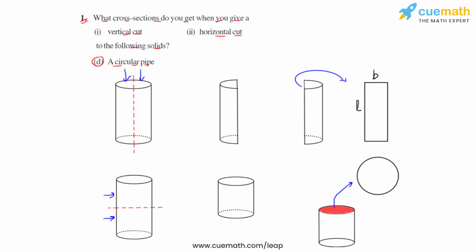So to summarize what we have got here: when a circular pipe is cut vertically, we get a rectangle, and if it's cut horizontally, we get a circle as the cross section. Let us now move on to the next solid of the question.